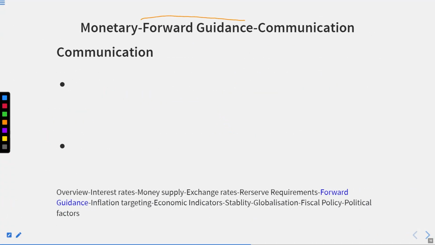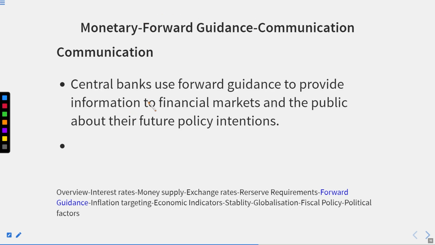Thereafter, we have forward guidance. Central banks use forward guidance to provide information to financial markets and the public about their future policy intentions. Why? Because the financial markets are generally involved in the lending processes.